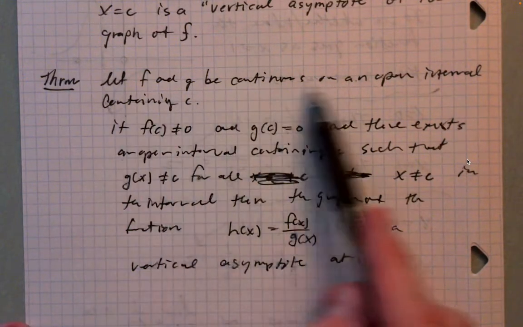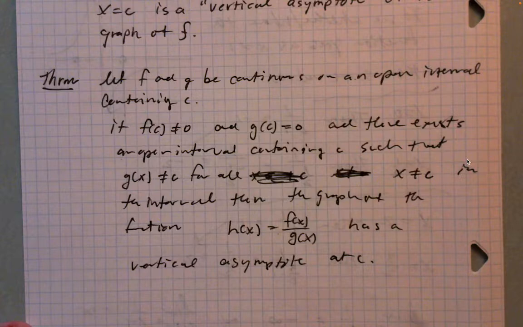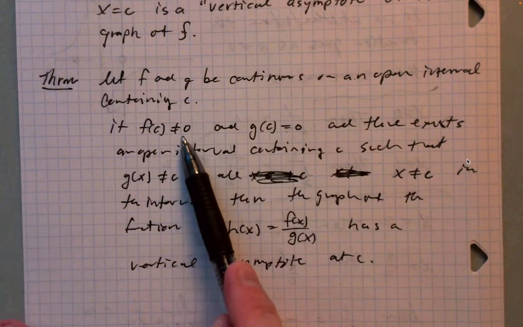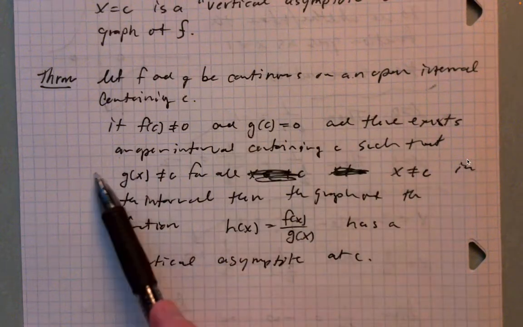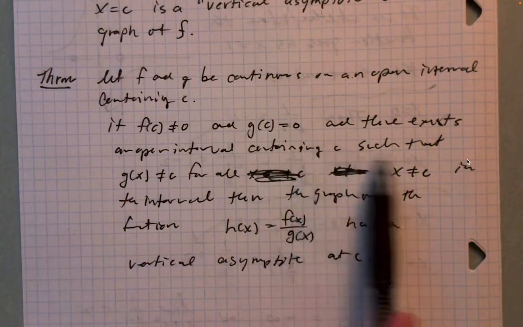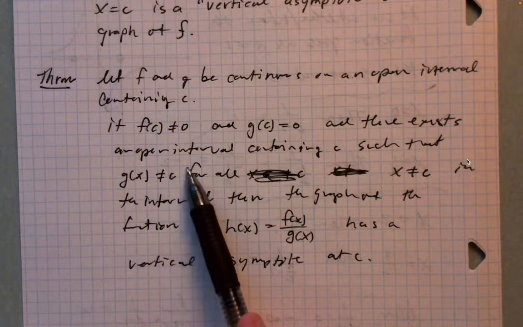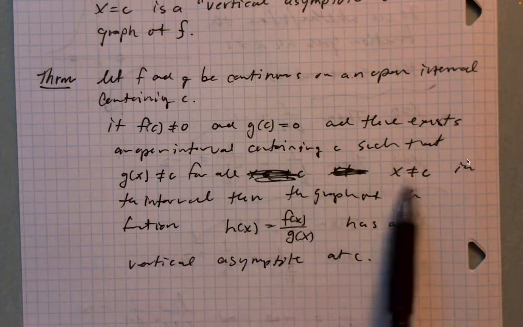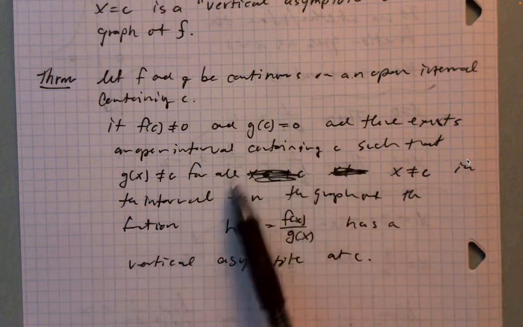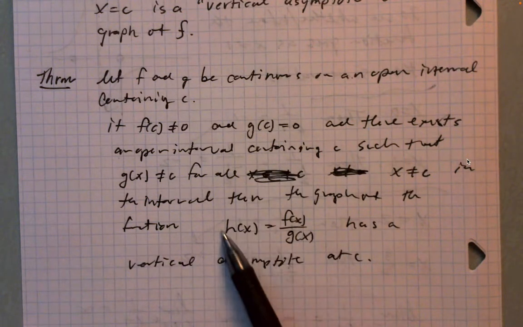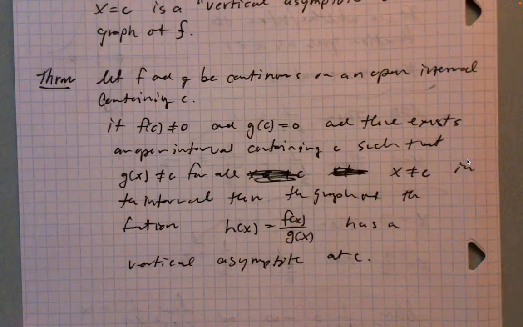If f and g are continuous on an open interval containing c, if the numerator is non-zero but the denominator is equal to 0, and there must exist an open interval containing c such that g of x is not equal to c for all x not equal to c. Okay, that's an important piece of it.